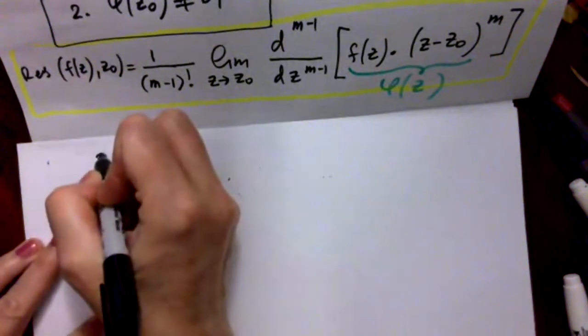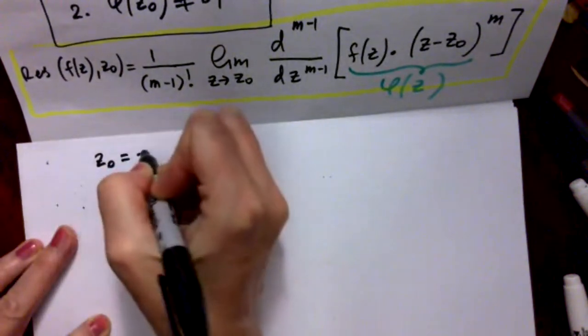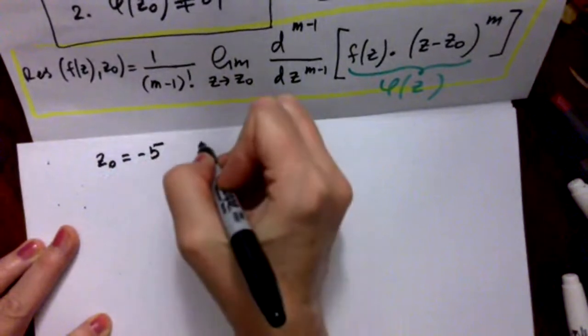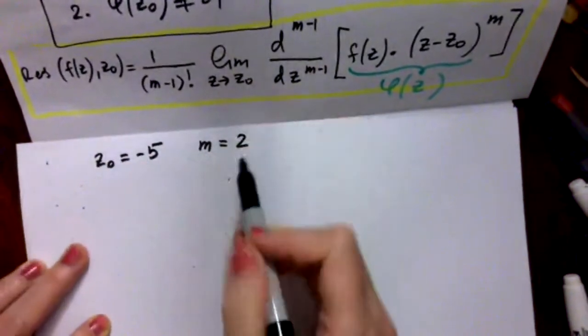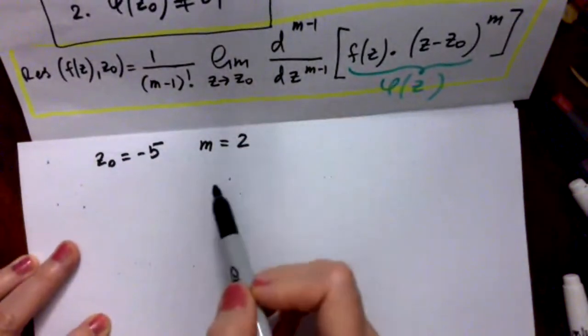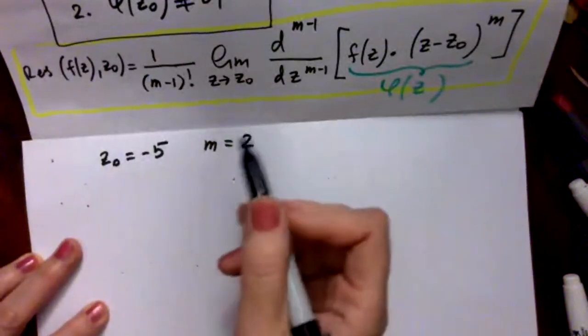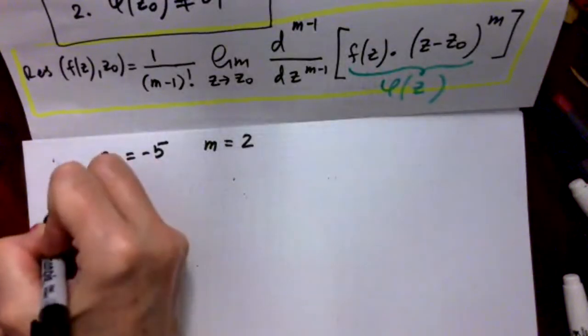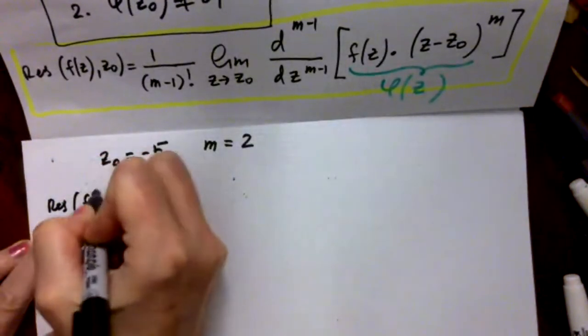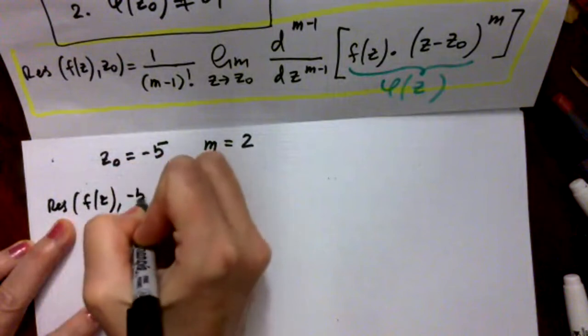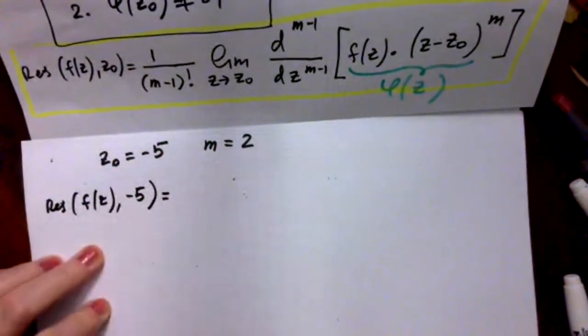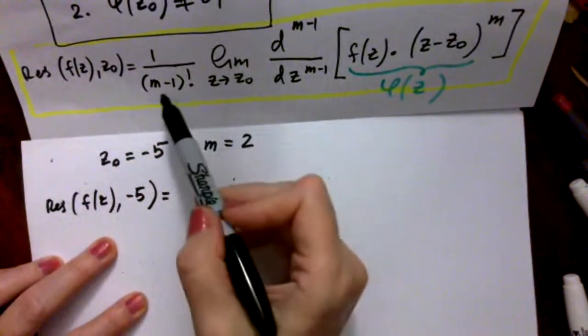So, what is our data? Our z0 is minus 5, and m is equal to 2. The order of that pole turned out to be 2. So we can plug in our data to this formula. The residue of our function f of z at the point minus 5 is equal to what?